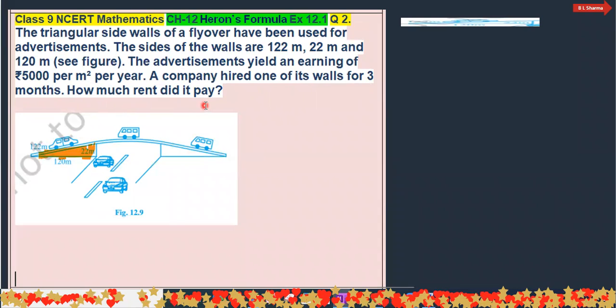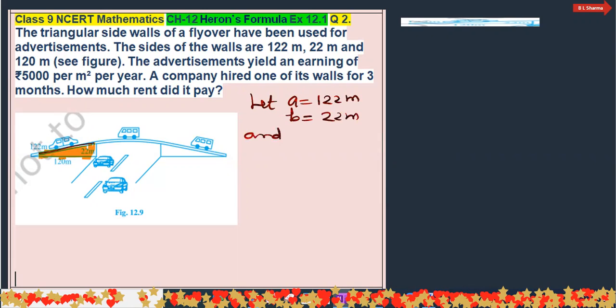एक कंपनी ने इसको 3 मंथ के लिए लिया है और उसका जो रेंट है वो है रुपीज 5,000 पर मीटर स्क्वायर. तो पहले तो ये जो ट्रायंगुलर वॉल है उसका हमें एरिया फाइंड आउट करना पड़ेगा यूजिंग हीरोन्स फॉर्मूला. So for this we can write here, let a is equal to 122 meter. This is a. b side is 22 meter.